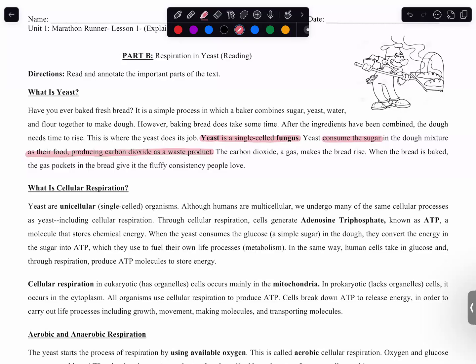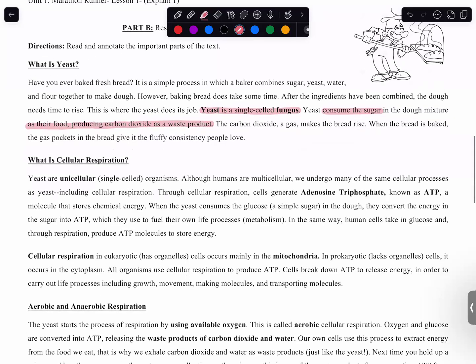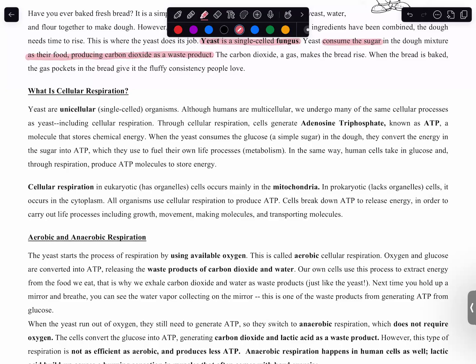Okay, now let's head to the next paragraph. What is cellular respiration? So as we stated before, yeast are single-celled organisms. Although humans are multicellular, we undergo many of the same cellular processes as yeast, including cellular respiration. Through cellular respiration, cells generate adenosine triphosphate, also known as ATP.